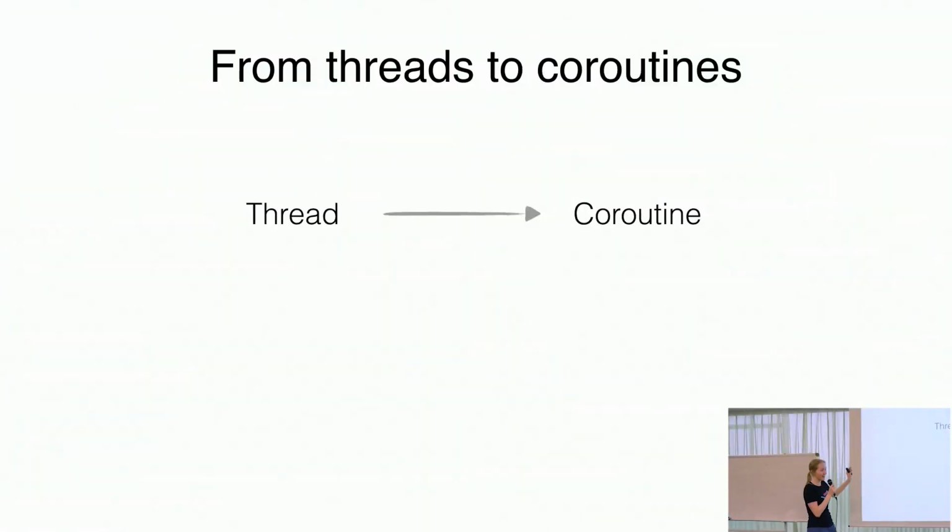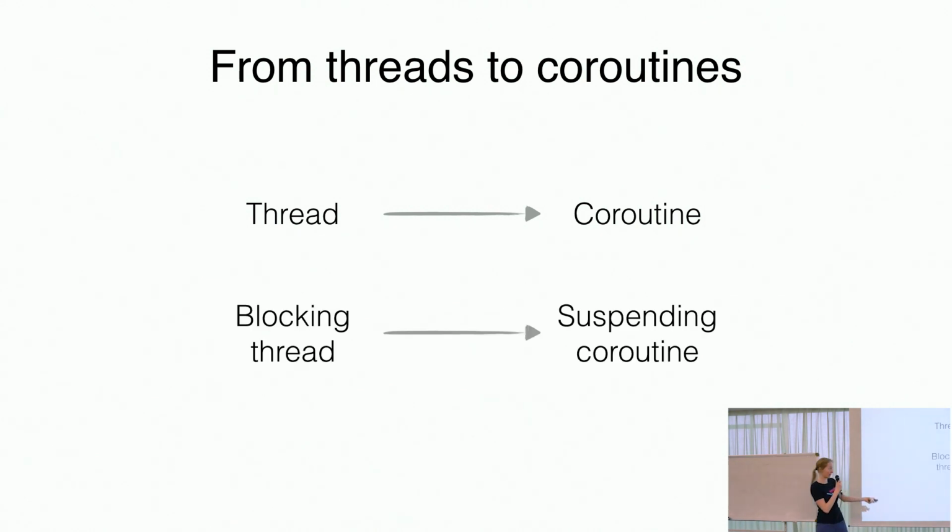So here we make the transition from threads to coroutines. Before that, we worked with threads, but now instead we start working with coroutines. Coroutines run on top of threads, but you work with them directly instead.